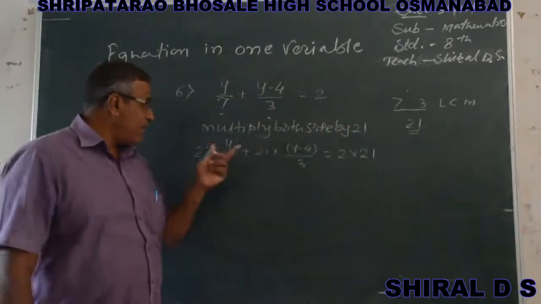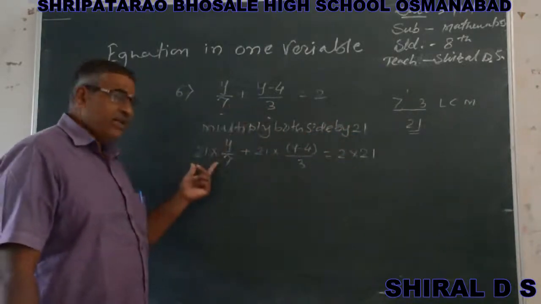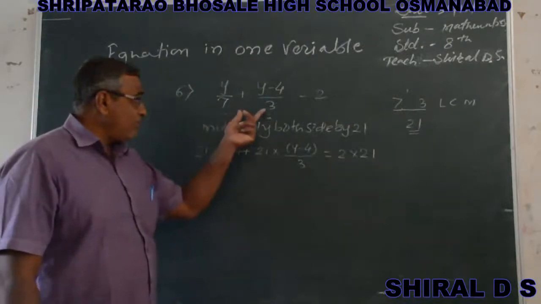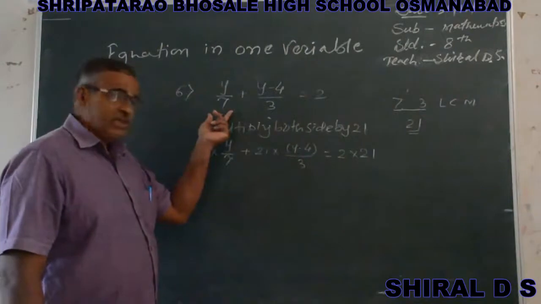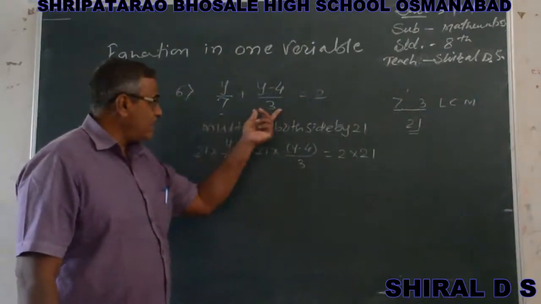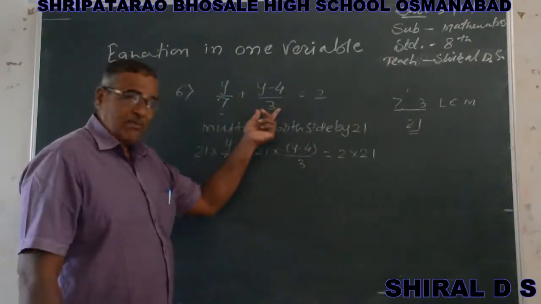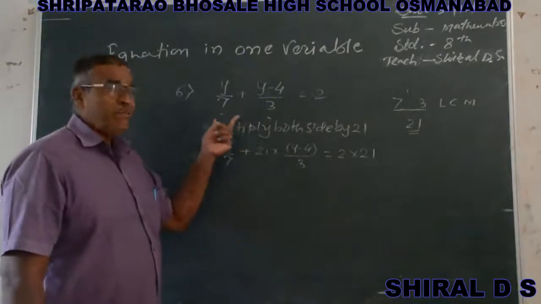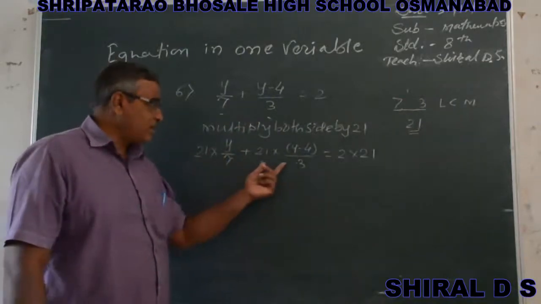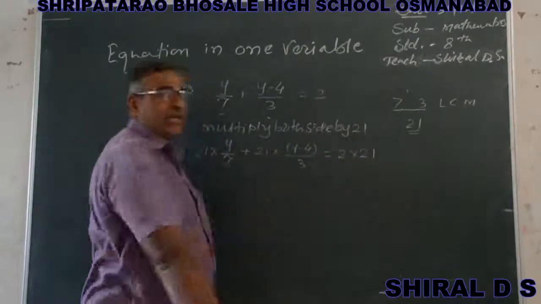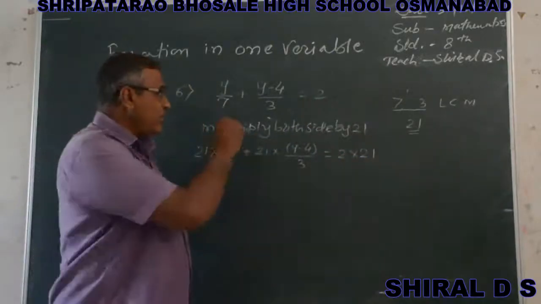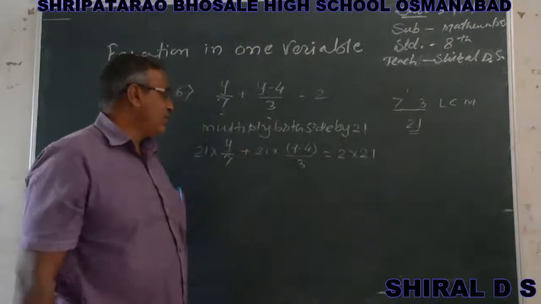On the left side there are two terms: one term is y upon 7 and the second term is (y minus 4) upon 3. So we multiply 21 by both terms, and on the right side also 2 into 21. It means we multiply both terms by 21.